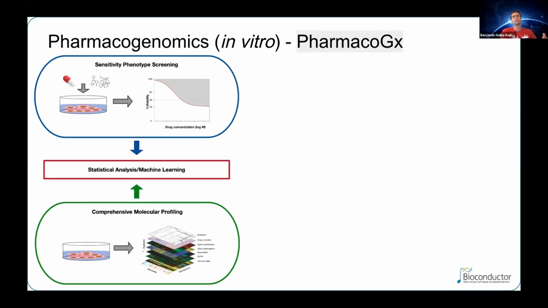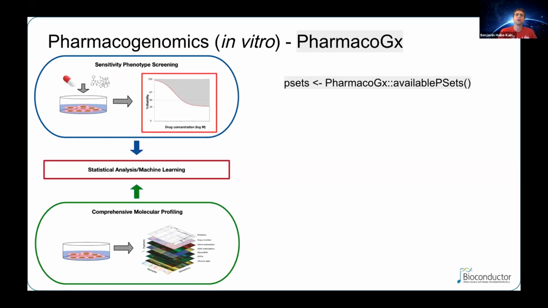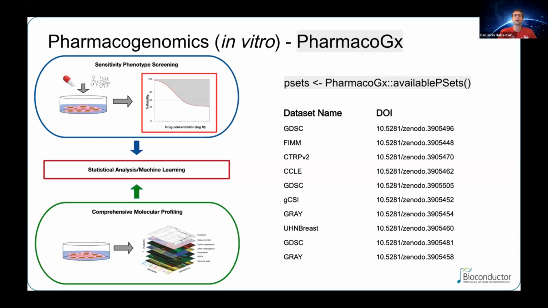But for each of those cell lines, we also have what we call drug dose response curves, where we basically measure viability with respect to increasing concentration of the drug. And as you can see next, in the red box, this is really the key phenotype for PharmacoGx, where you have cell viability decreasing as you increase the drug.